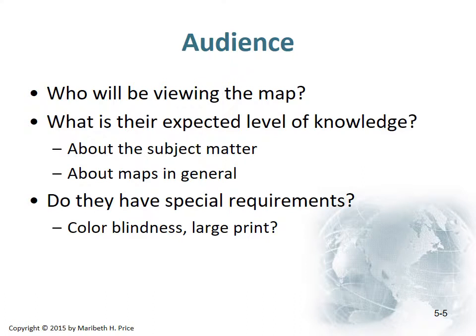So anyway, as the producer of a map, it's something you need to worry about a little bit, thinking about your audience and how your work is going to be received by them.